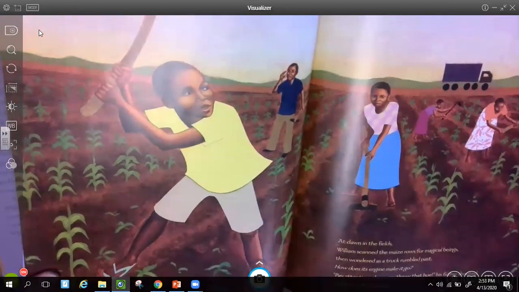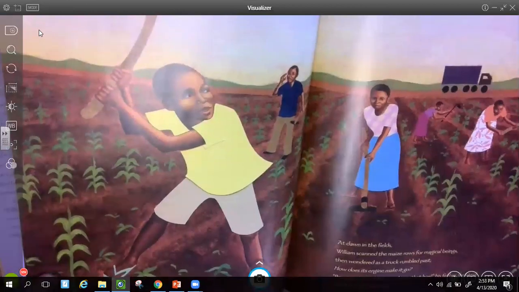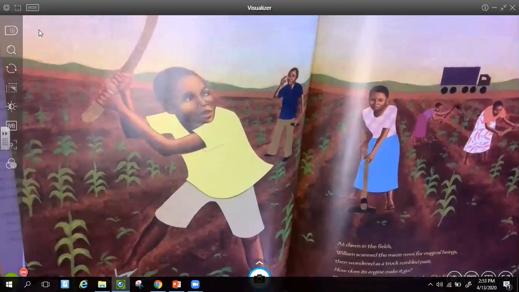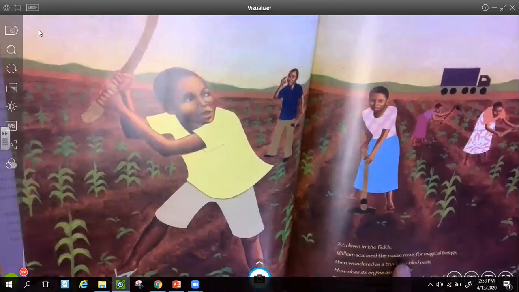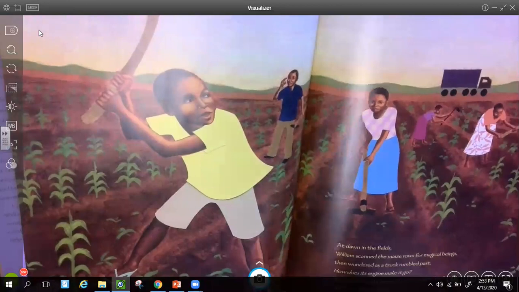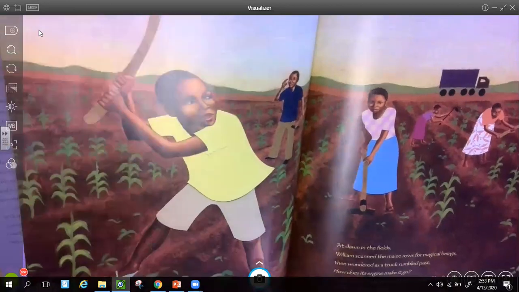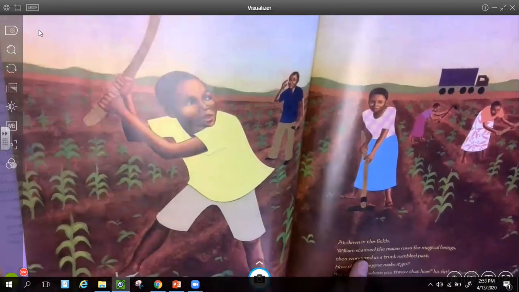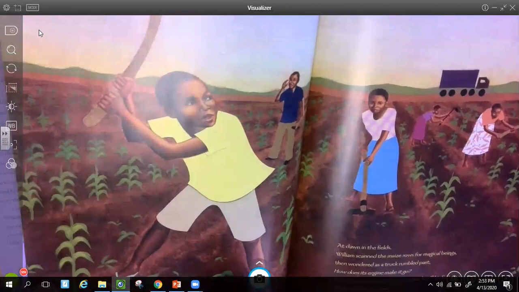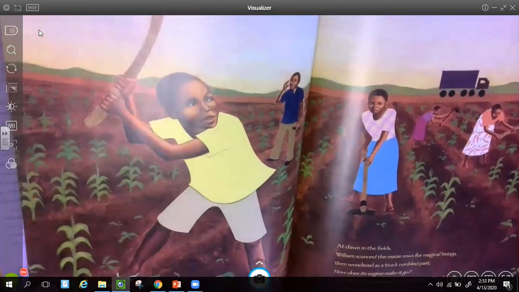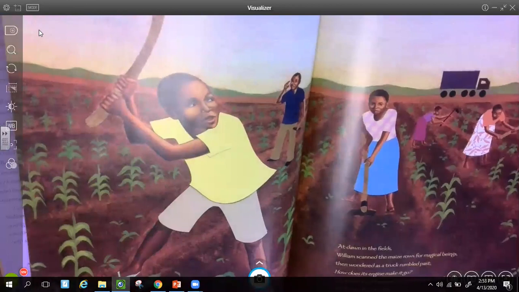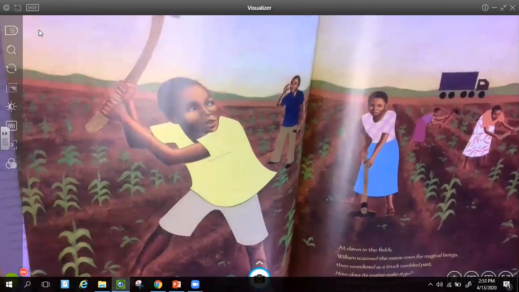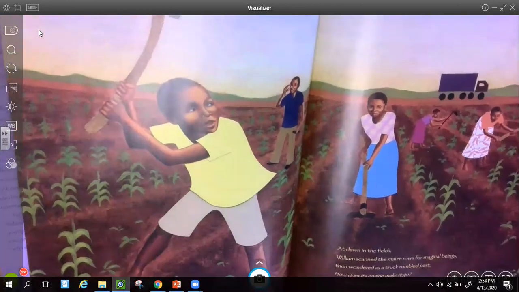Scanning something, copying it. But you can scan with your eyes. Scan means to take a quick look, right? And the maze rows. Maze is just another word for, use your picture clues, corn. So he's looking down the rows of corn for magical beings. Again, that just shows how creative William is. He's always thinking and wondering.